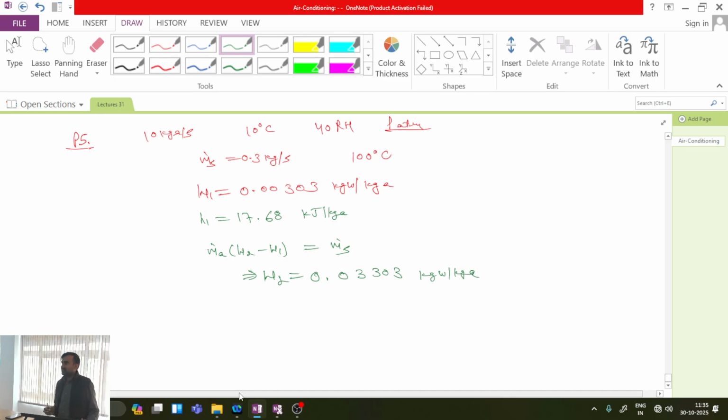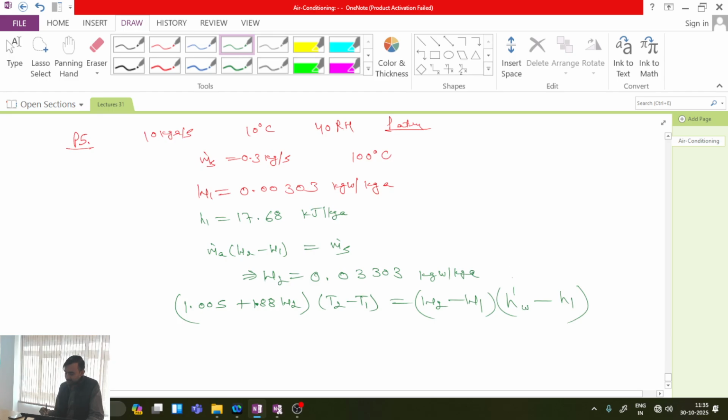What about enthalpy? How to determine enthalpy? Again the same equation that I discussed in the previous question. What is the equation? (1.005 plus 1.88 W2) into T2 equal to (W2 minus W1) into (HW minus H1), and HW is nothing but Hg at 100 degrees Celsius.